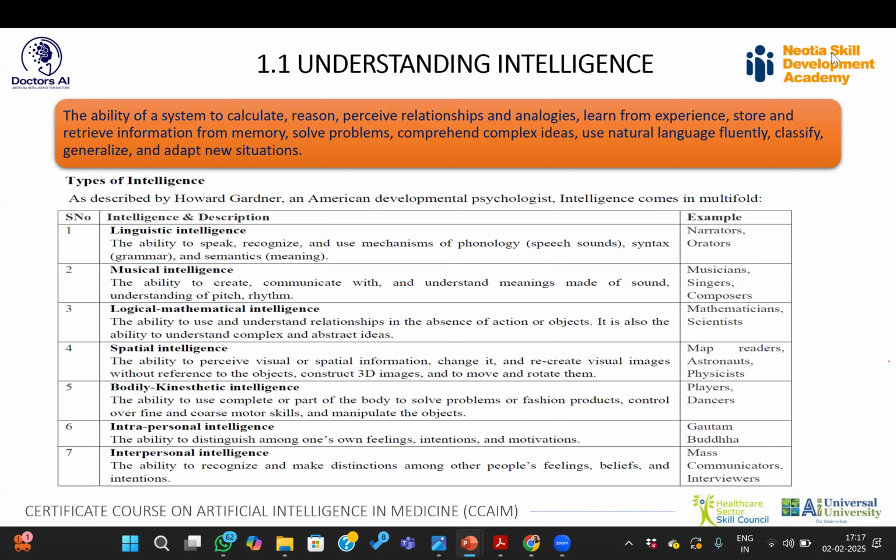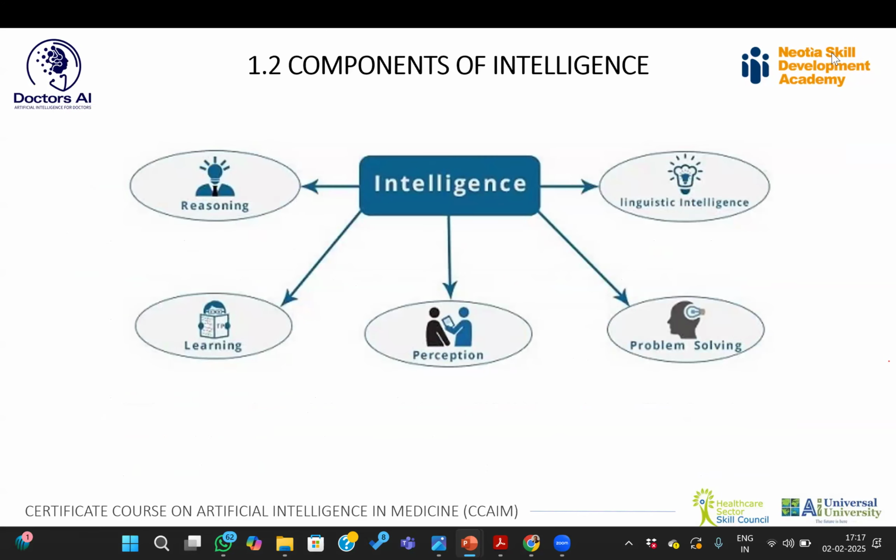Intrapersonal intelligence and interpersonal intelligence. So one's own feelings, intentions, and motivations, and feelings of other people. So when you're trying to build an intelligent system, you would, in an idealistic condition, want it to have all these different forms of intelligence: linguistic intelligence, logical mathematical intelligence, spatial intelligence, intra and interpersonal intelligence.